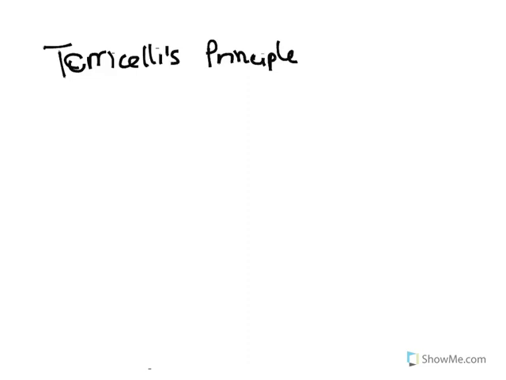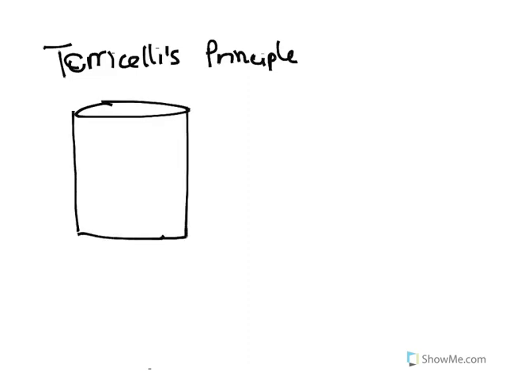The second application is Torricelli's principle. Torricelli's principle is applied to a column with a certain fluid. It could be water, for instance, and you have a very huge transverse area at this point, and then a very small hole at the end of the column.